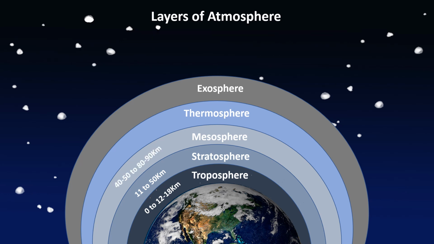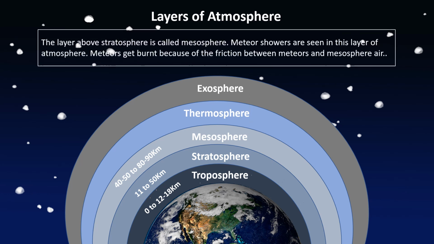The next one, mesosphere. The mesosphere extends from 40 to 50 kilometers to 80 to 90 kilometers. This layer is above the stratosphere, and meteor showers are seen in this layer of the atmosphere. What are meteors? Meteors are space rocks which move towards the atmosphere.